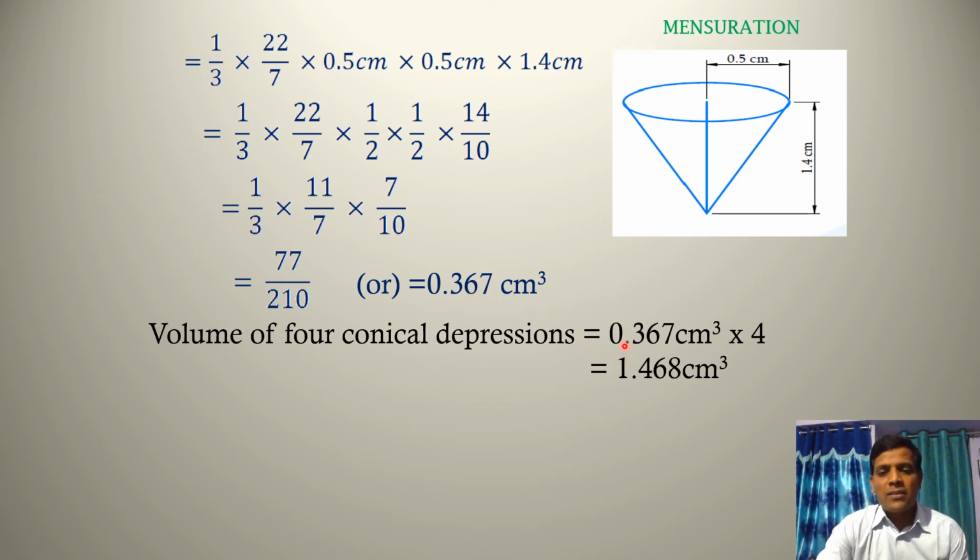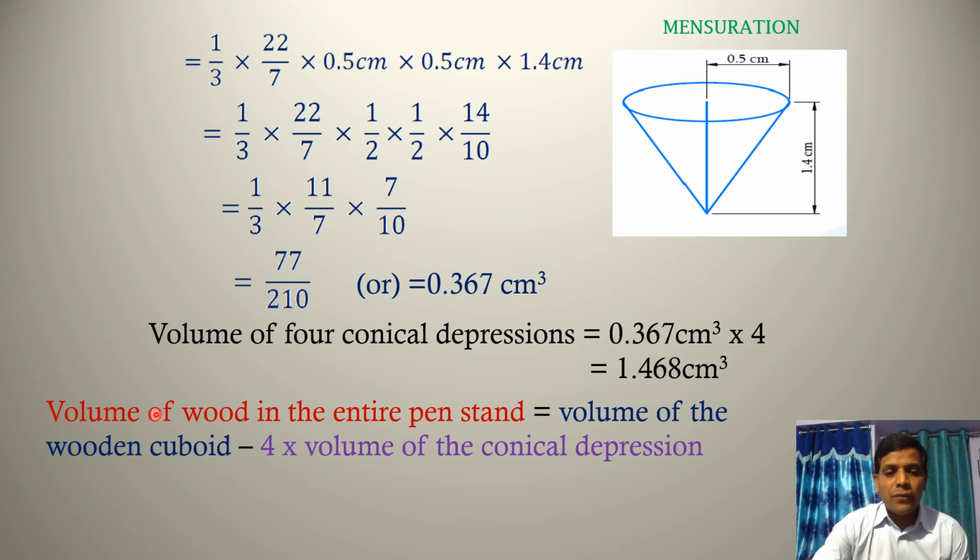The product of these two is 1.468 centimeter cube. So the volume of 4 conical depressions is 1.468 centimeter cube.